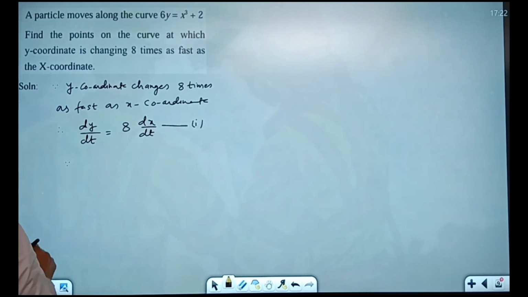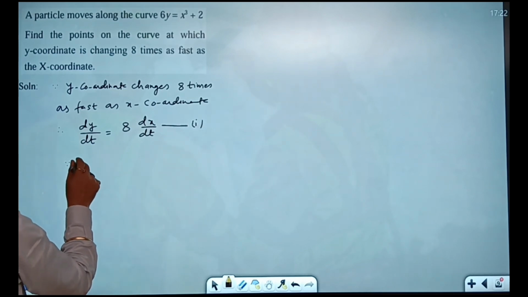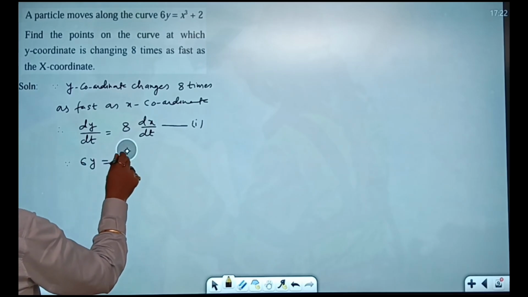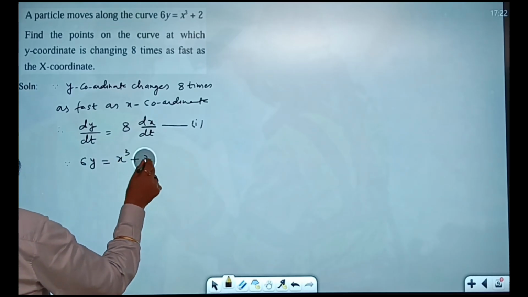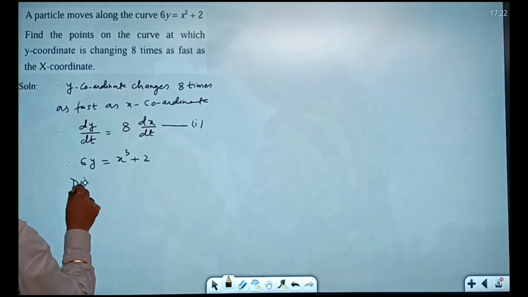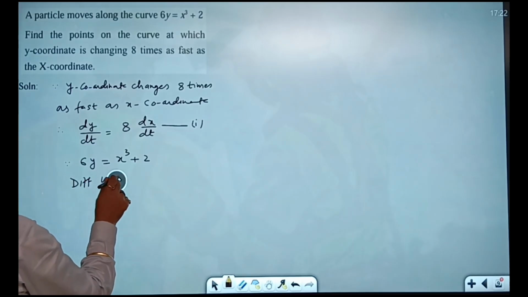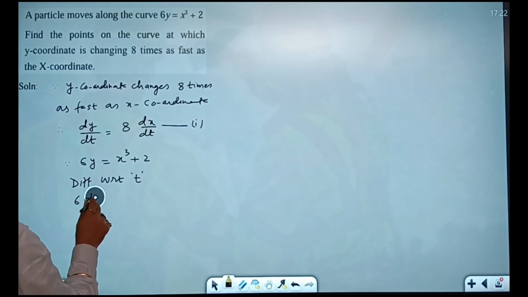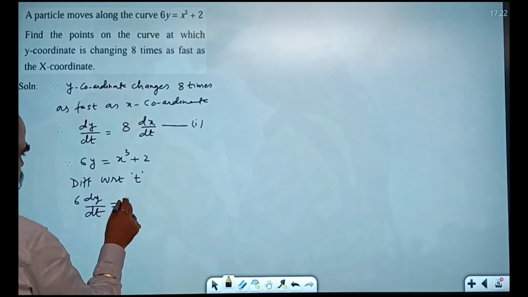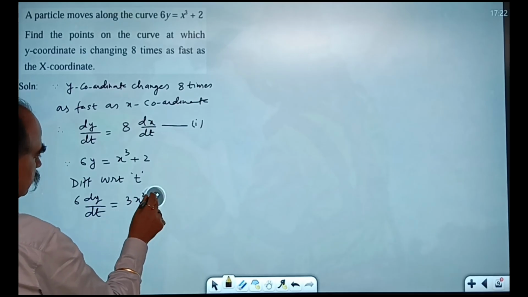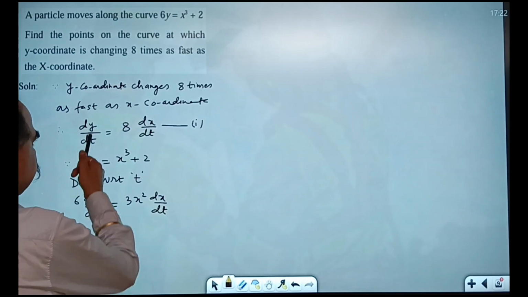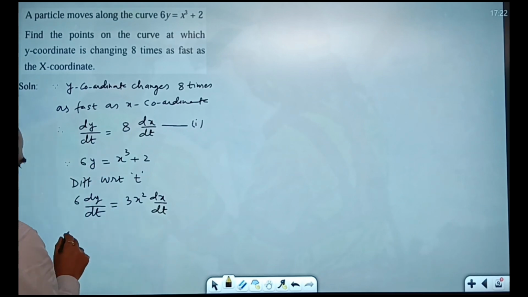This is given. Since 6y is equal to x cube plus 2, differentiating with respect to t, 6 dy by dt is equal to 3x square dx by dt. But dy by dt is 8 times dx by dt.